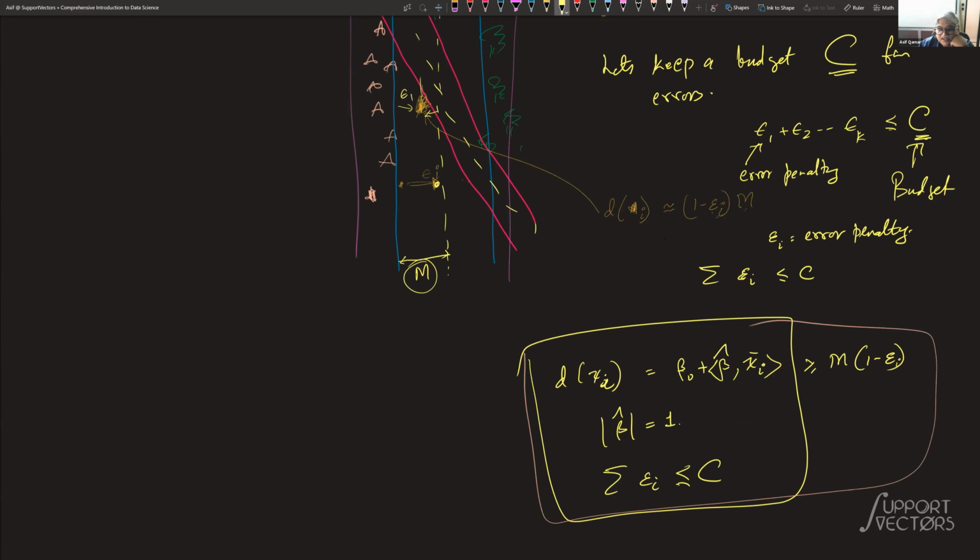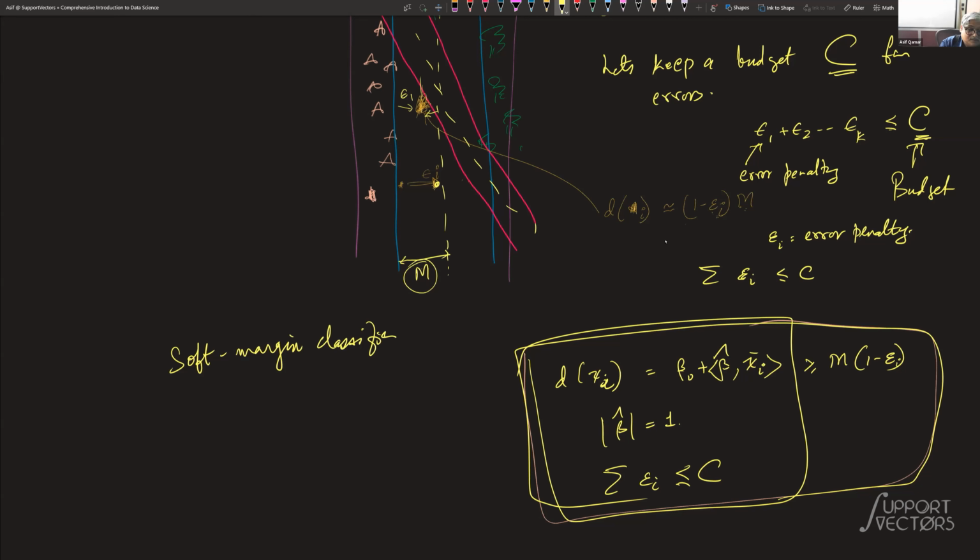This adaptation of the maximal margin classifier, in which you allow for a few errors up to a certain budget, because that's how data looks, right? This is called the soft margin classifier.